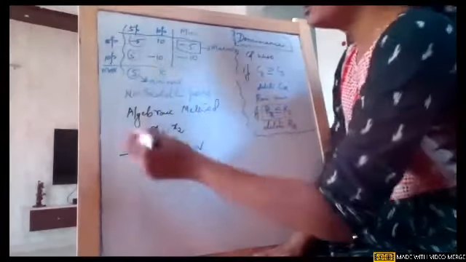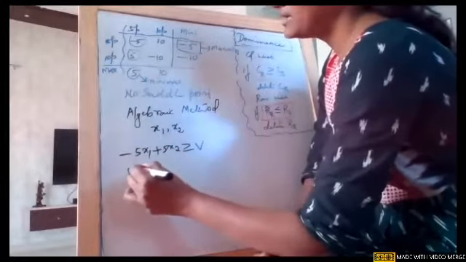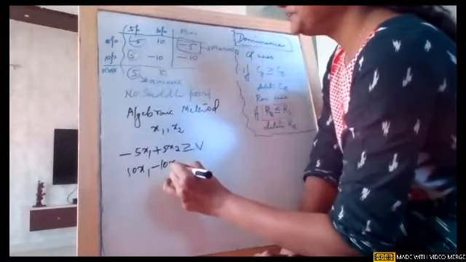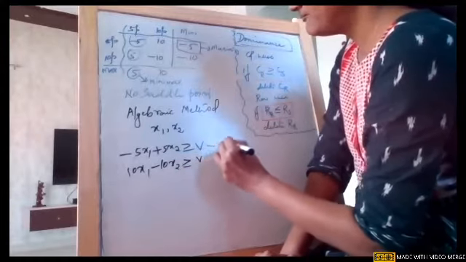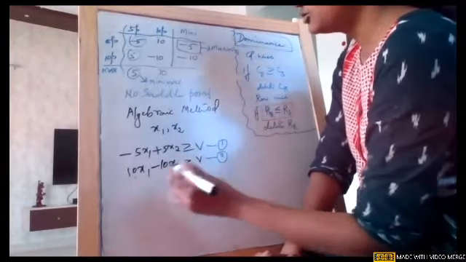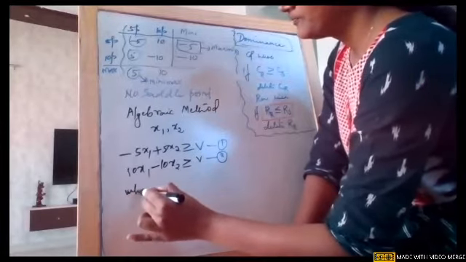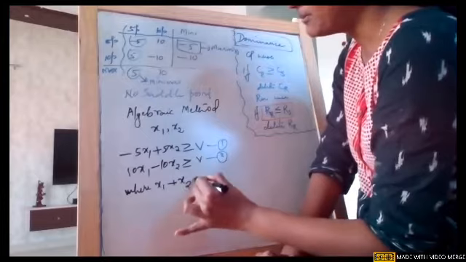We'll follow one method only in all the examples of algebraic method. So 10x1 - 10x2 is greater than or equal to v. I'm just naming them equation 1, equation 2, and the last one is where x1 and x2 are nothing but probabilities, girls.